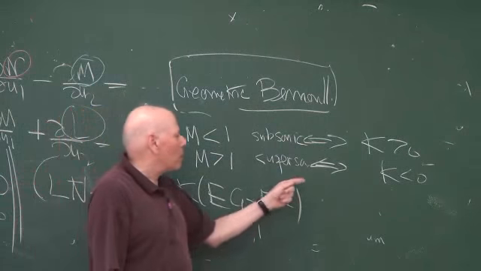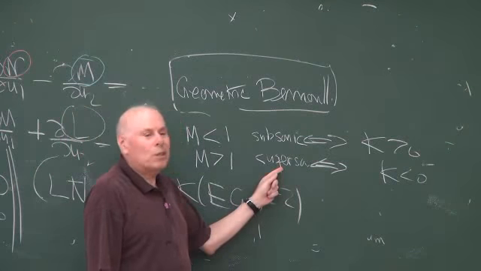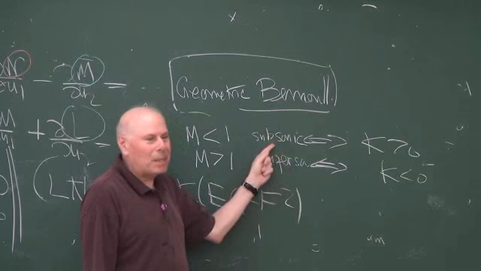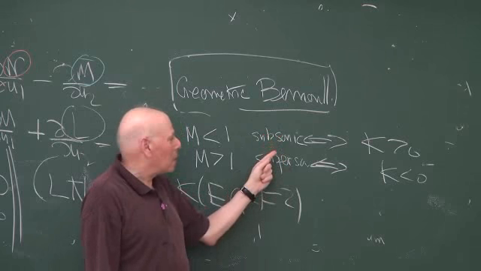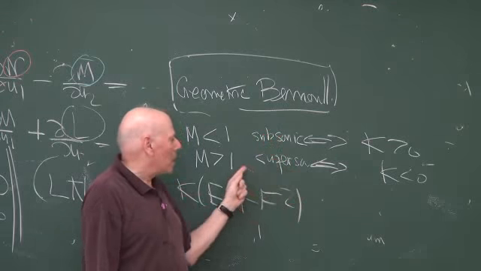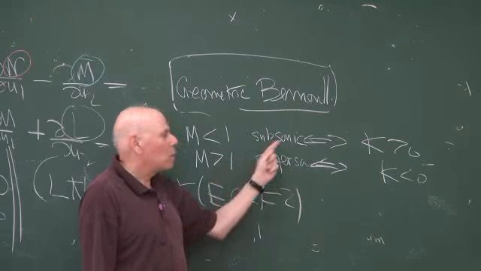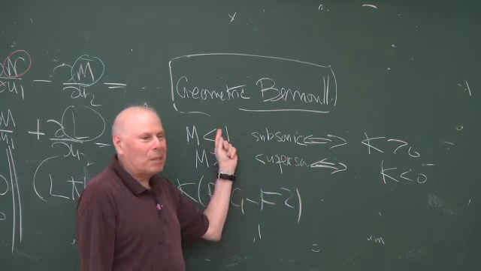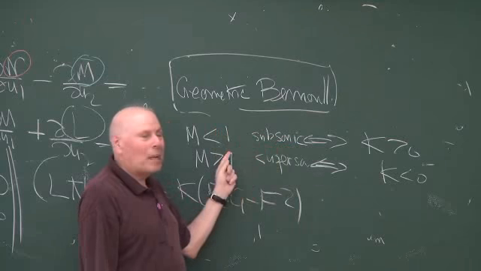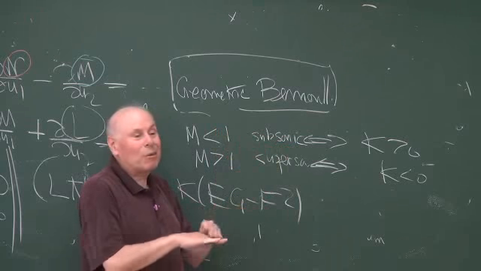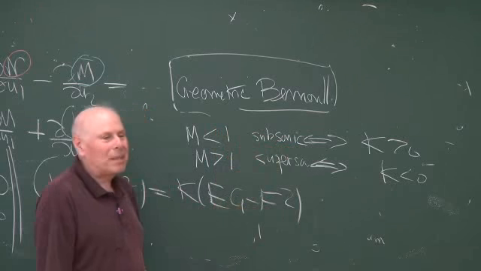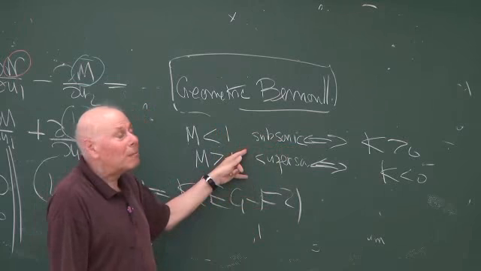So Gauss curvature negative is supersonic, Gauss curvature positive is subsonic. But supersonic is hyperbolic equations, subsonic is elliptic equations. K equals 0 when m equals 1, transonic, you're going through the sound barrier. So we see a complete analogy.